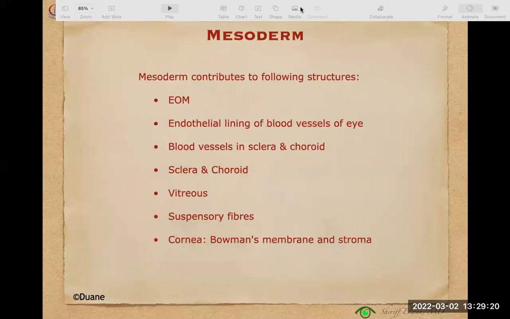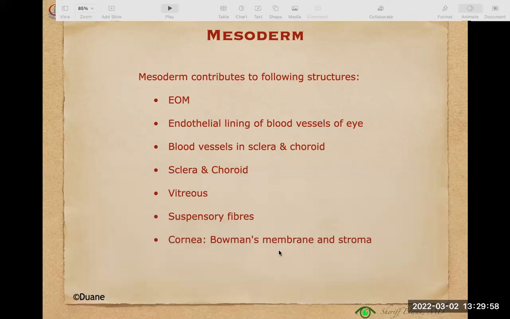Now, we come to a collection of the information on the structures that develop from the mesoderm. The mesoderm contributes to the following structures: the extraocular muscles, like all skeletal muscles in the body, the endothelial lining of the blood vessels of the eye, the blood vessels in the sclera and choroid, the sclera and choroid themselves, the vitreous, the suspensory fibers, or the zonule, and parts of the cornea, which are Bowman's membrane and the stroma.